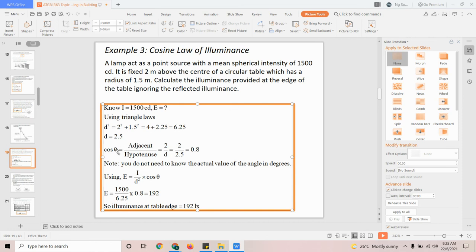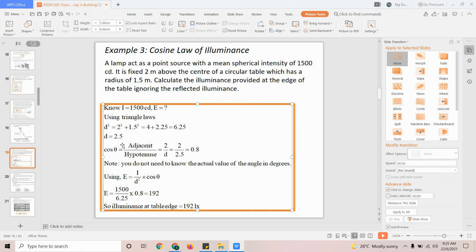So cos theta equals adjacent over hypotenuse. This is a trigonometry formula. You can look it up online, and you'll be able to find this equation on the trigonometry table. As mentioned here, you don't have to know it.